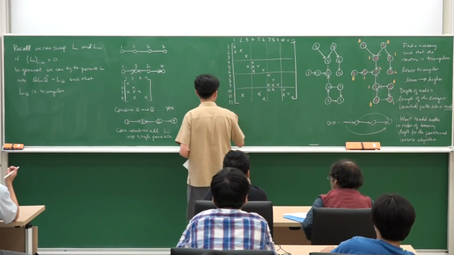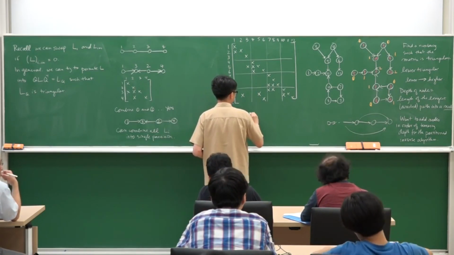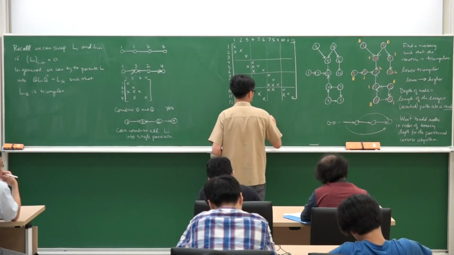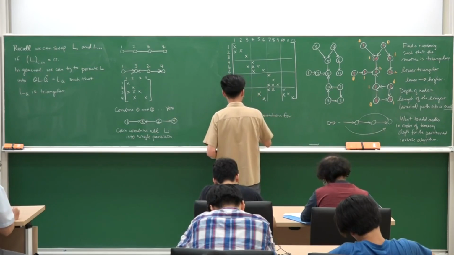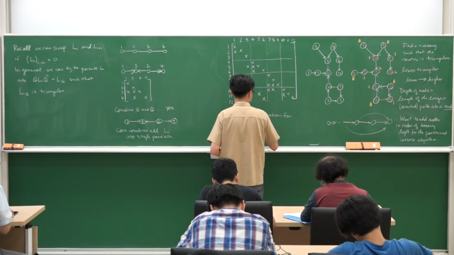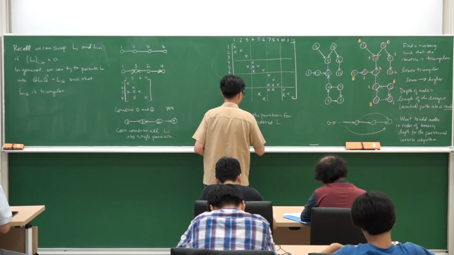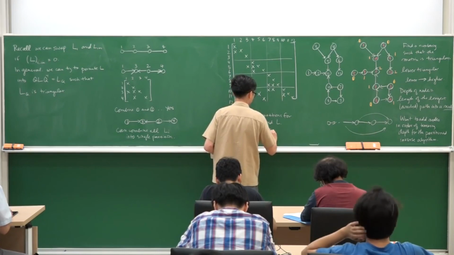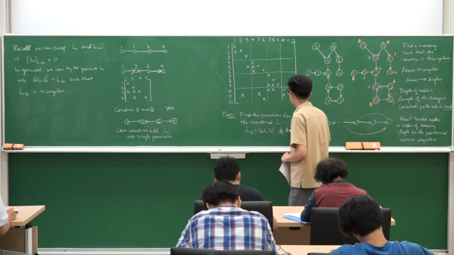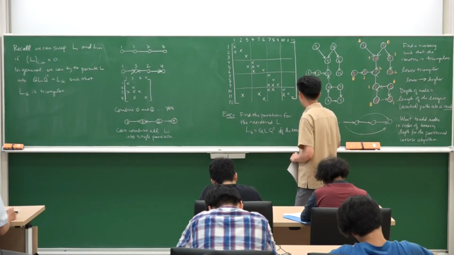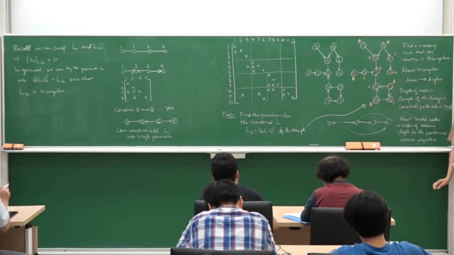So exercise for tomorrow, find the partitions for the reordered L, in other words, for the LQ, of the example. So that's this example here. Okay?